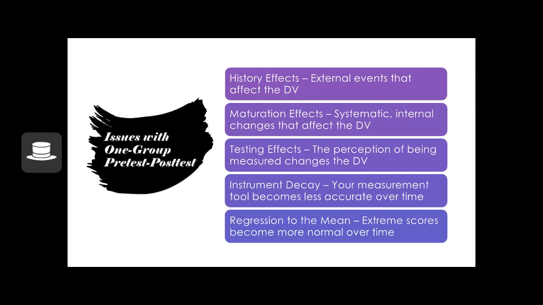Another issue is instrument decay. The tools that we use to measure things get less accurate over time. Sometimes the tools that we use to measure things are people. So if I have to count every time a child acts up in class, right, and I'm seeing if a specific program helps reduce the amount of negative behaviors in a classroom, at the beginning of class, it's easy for me to remember every specific time that something happened.